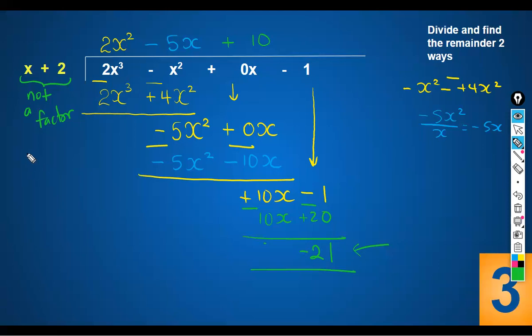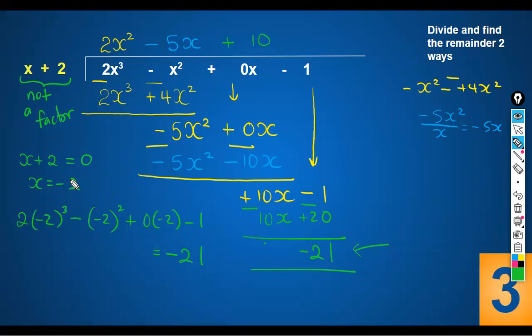And if you do it the other way now, like you put x plus 2 is equal to 0 and you solve for x, you'll get minus 2, right? Replace all the x's with minus 2. And I think you'll still get back minus 21.